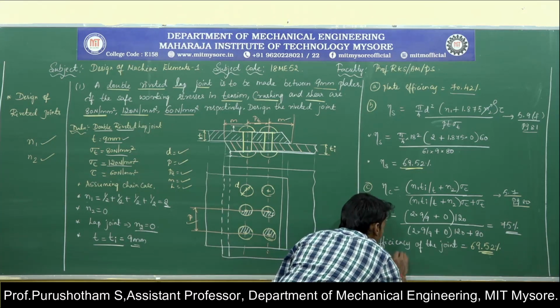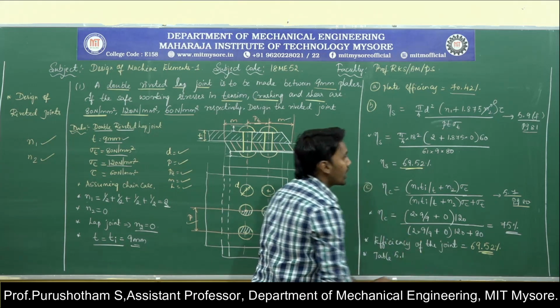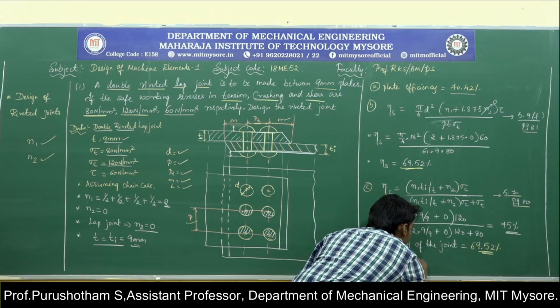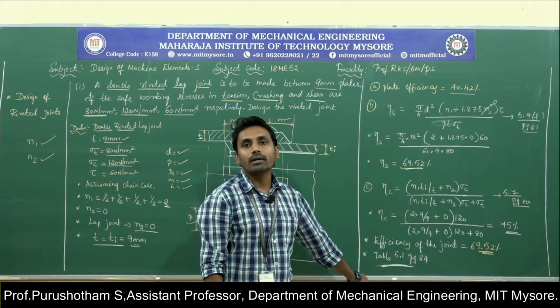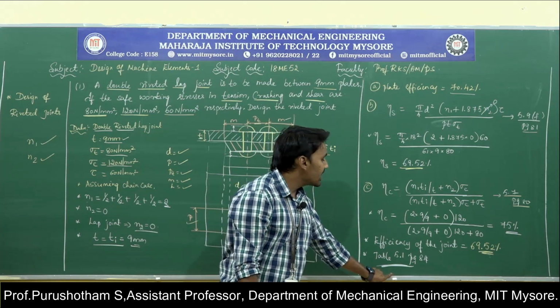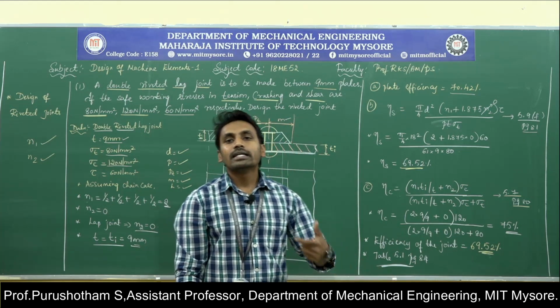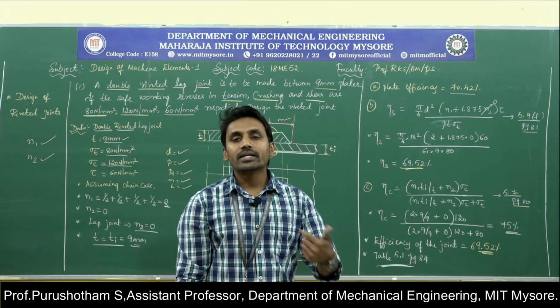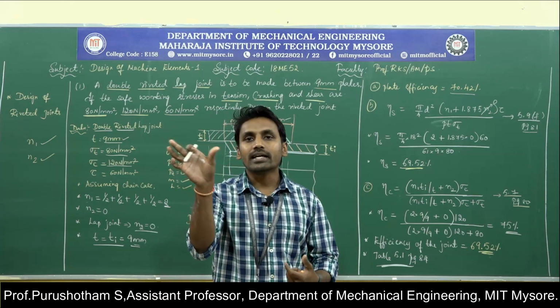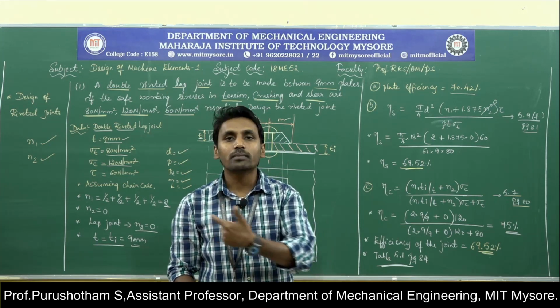By using table 5.1, page number 84, in which they give the range of efficiencies for different cases of riveted joint. For example, for a single riveted joint this will be the range, for a double riveted lap joint this will be the range.